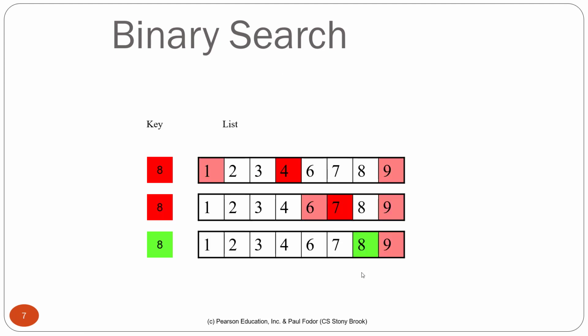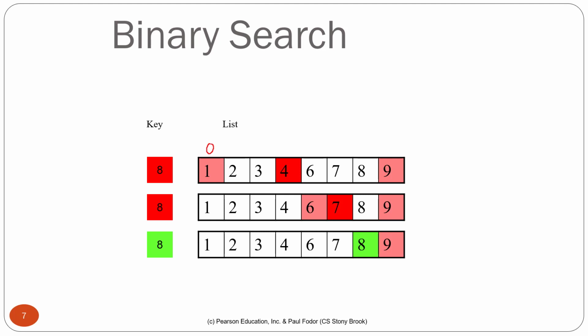All right, great. So now let's look at this example to understand this pattern. We are searching for 8, which is the key, and our list has these elements: 1, 2, 3, 4, 6, 7, 8, and 9. Here, let me use a pen, because that will help us in our understanding.